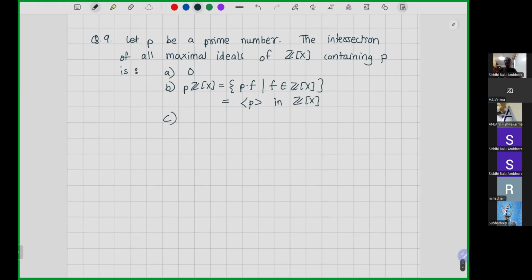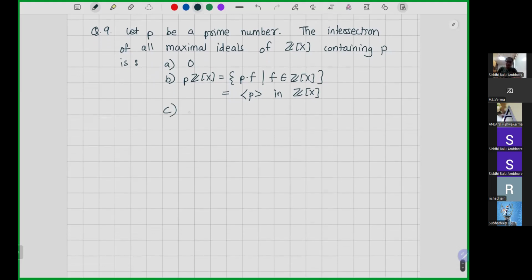And I'm writing it here in Z[x] because the ideal generated by P in Z is different from the ideal generated by P in Z[x]. Now this is the ideal generated by P[x], so it is P times f such that f is in Z[x]. So these two ideals are different.